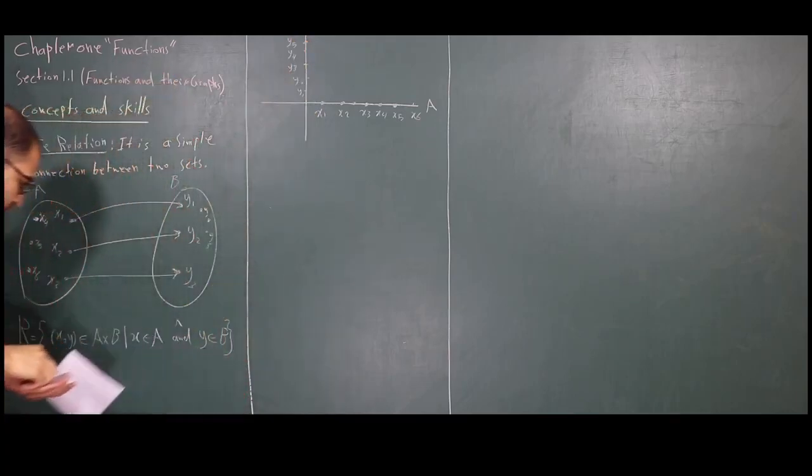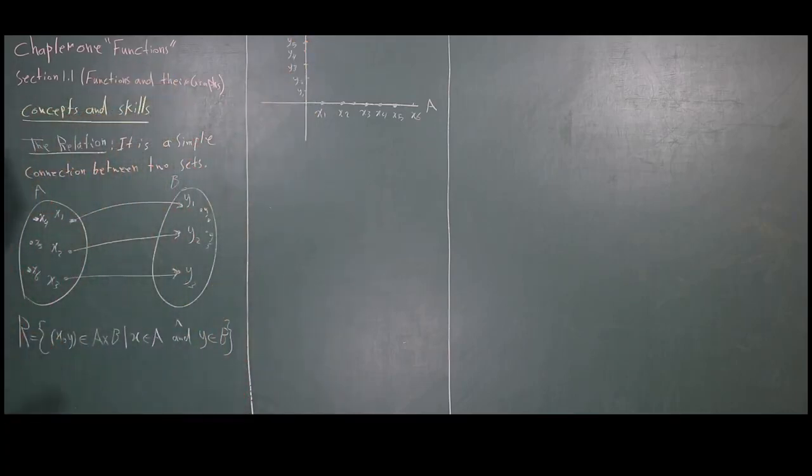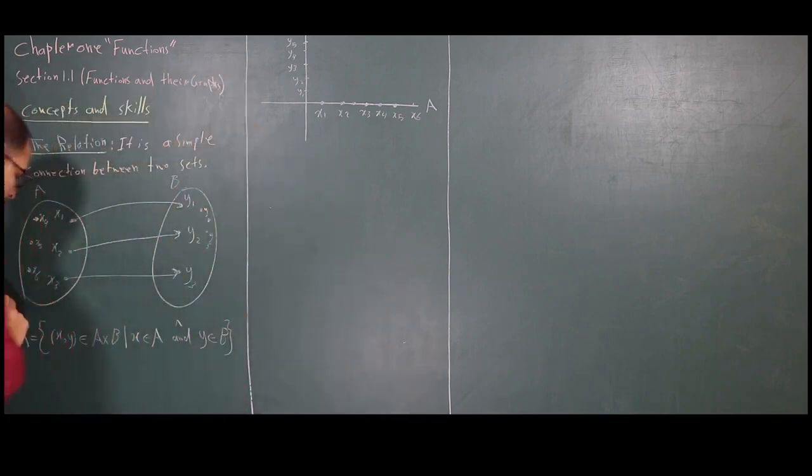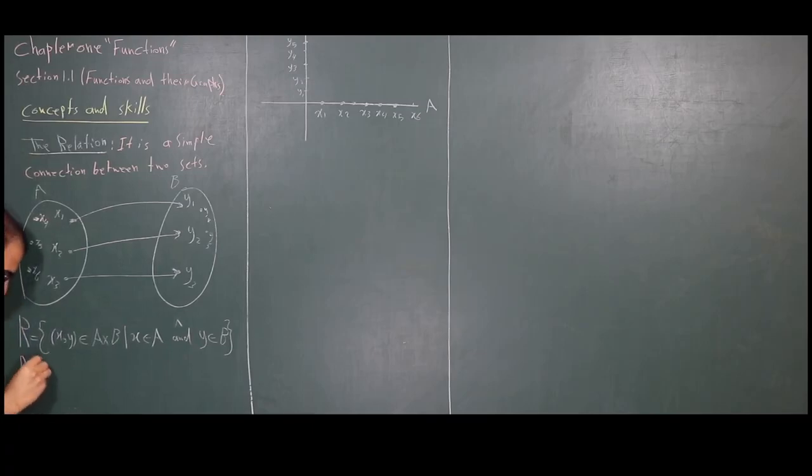If I want to graph this relation, I can write it explicitly by defining the ordered pairs. This is the definition of the ordered pairs in general.